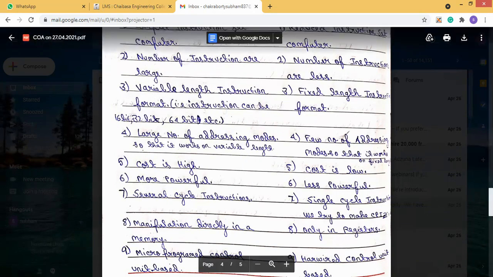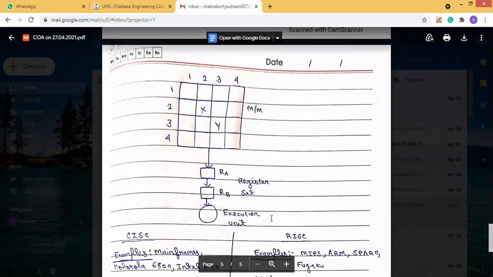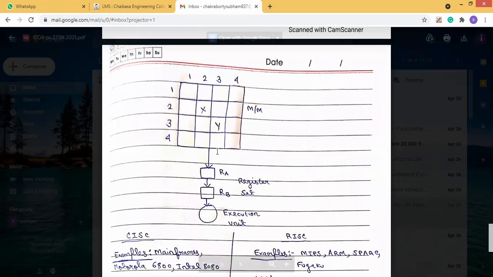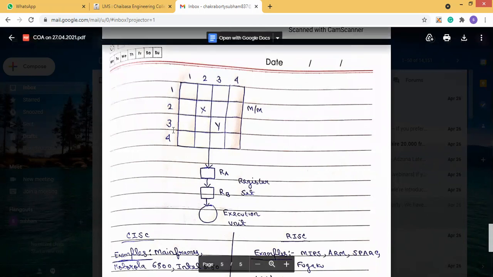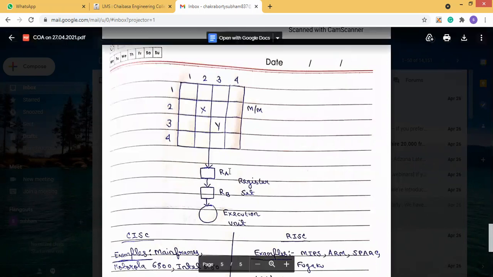Now, if we see through an example, it will also be clearer. Say this is a memory, and in this memory there are two values, X and Y. X is stored in the 2x2 memory location and Y is stored in the 3x3 memory location.